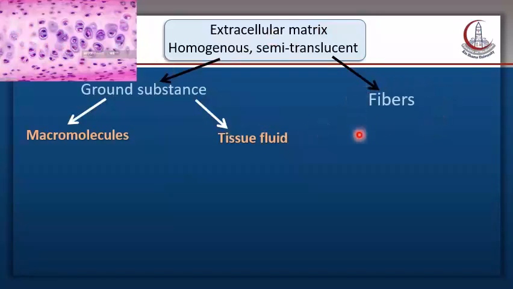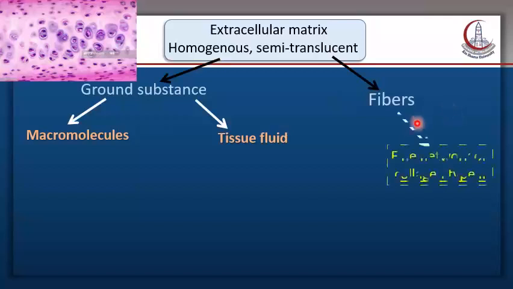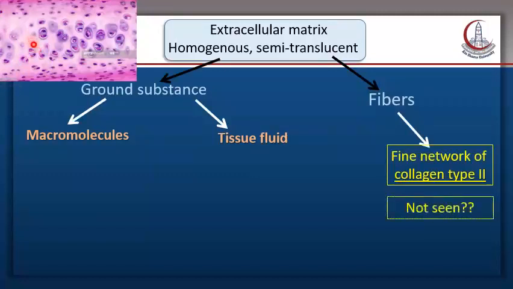The type of collagen in the cartilage is collagen type 2. It is formed of a fine network of collagen type 2. This collagen type 2 does not appear under the microscope, because these collagen fibers do not form bundles.